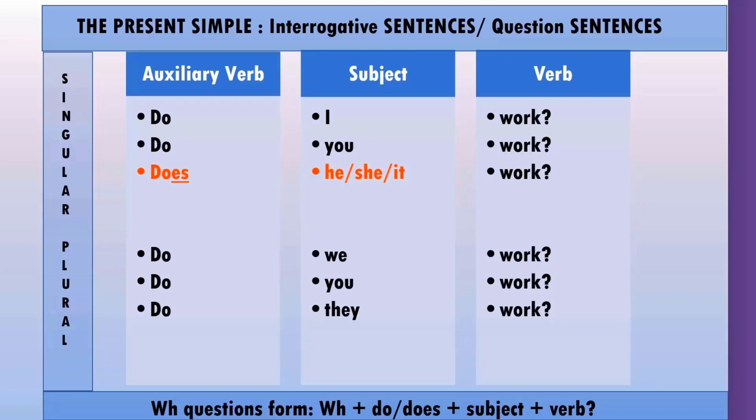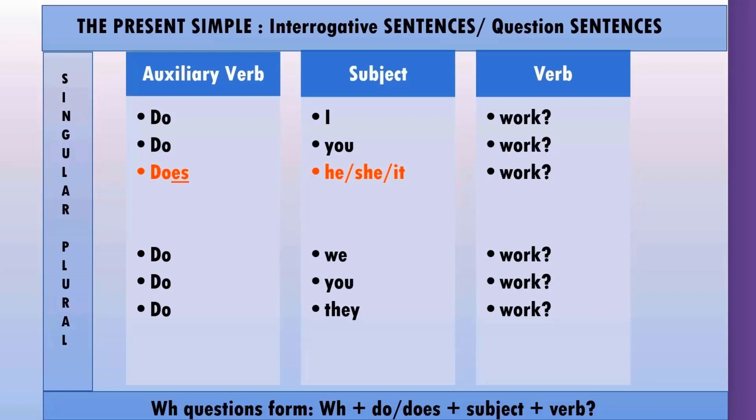So like we had with the negative sentences, the auxiliary verb was carrying the S, okay? Was changing from don't to doesn't. Exactly the same in the question sentences, the auxiliary verb changes, okay? Not the main verb, okay?